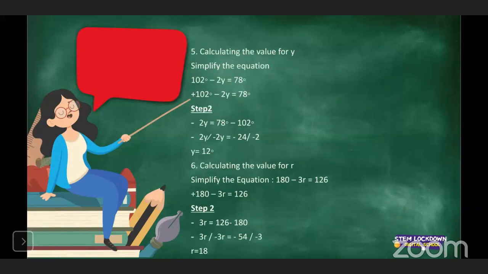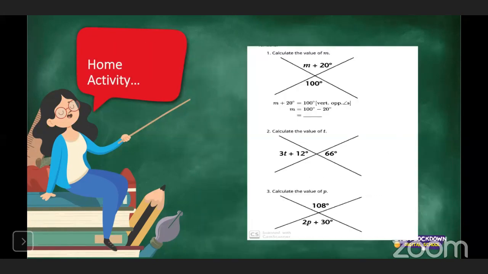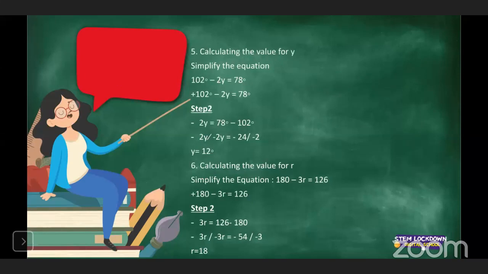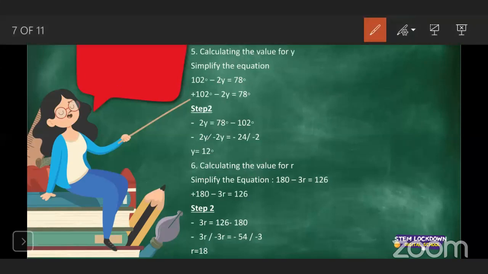Okay, so here is our equation first. We must simplify the equation first. So we'll have our 102 degrees minus 2y equals 78 degrees.